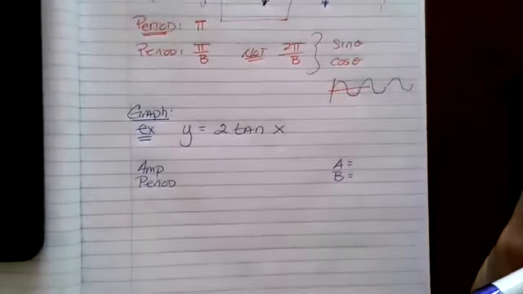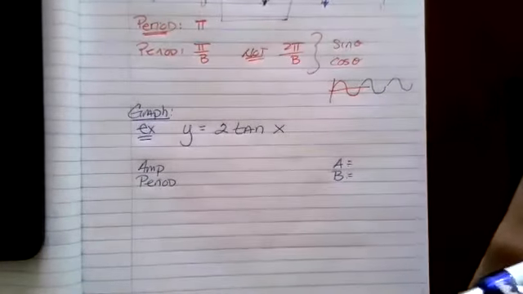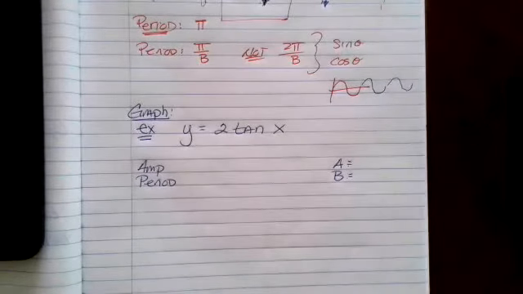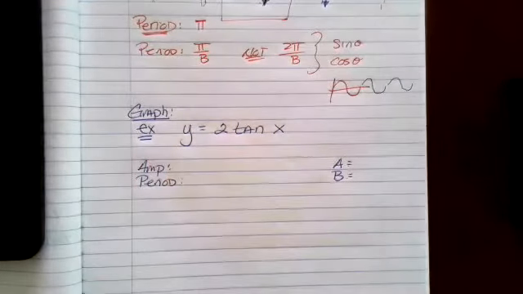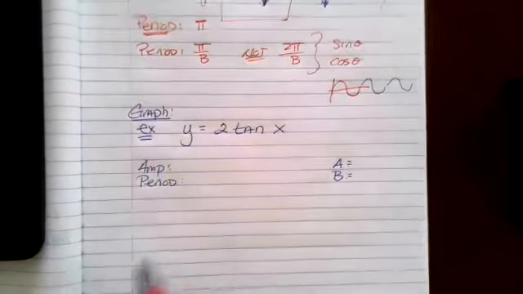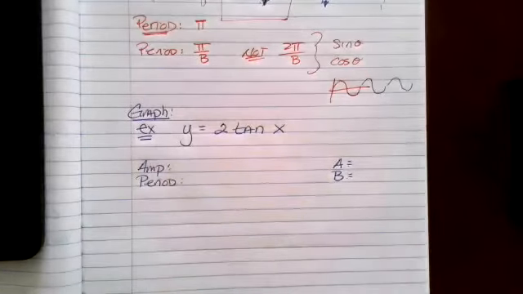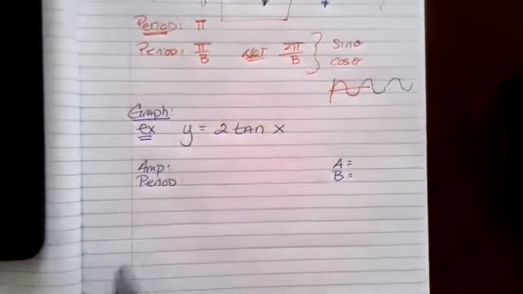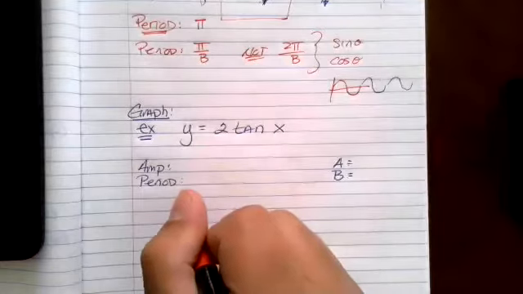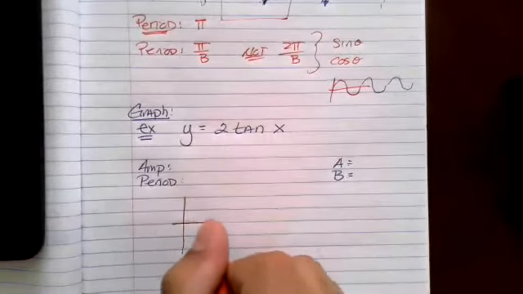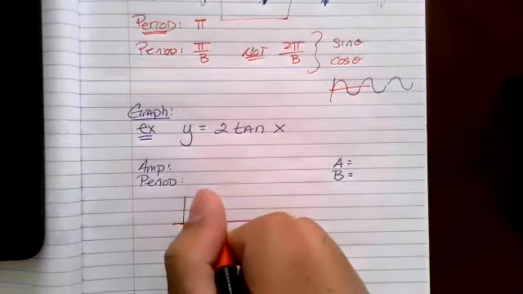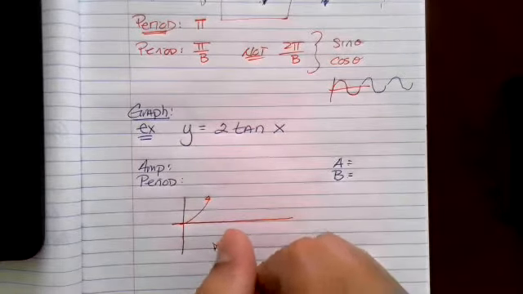So what if you were asked to graph y equals 2 tan x? Well, we want to find our amp, our period. I'd like to say the a and the b. And then we also always start by graphing a basic curve. So our basic curve will look like this.